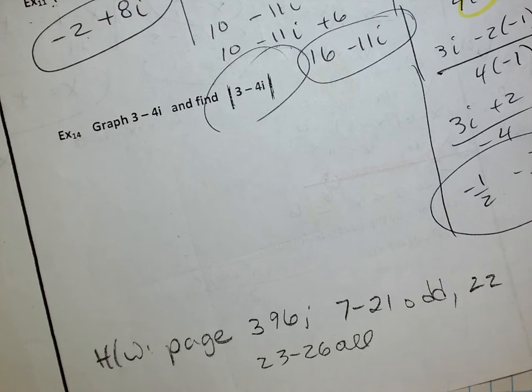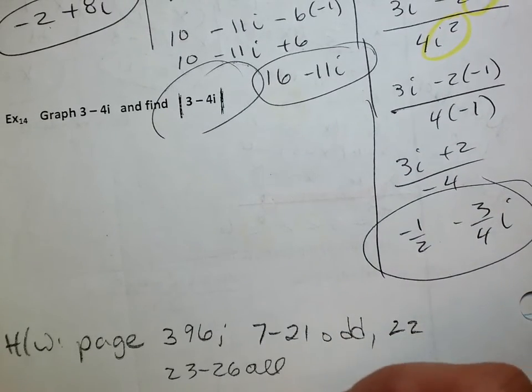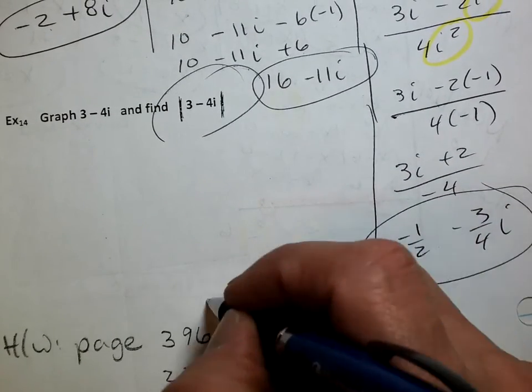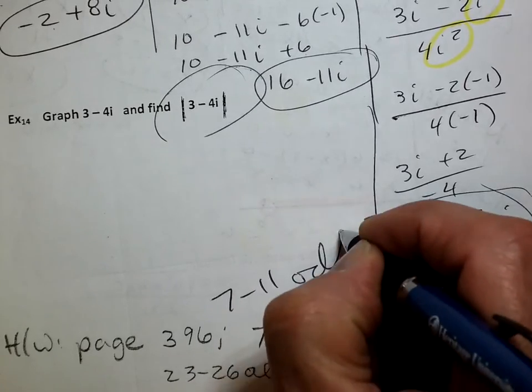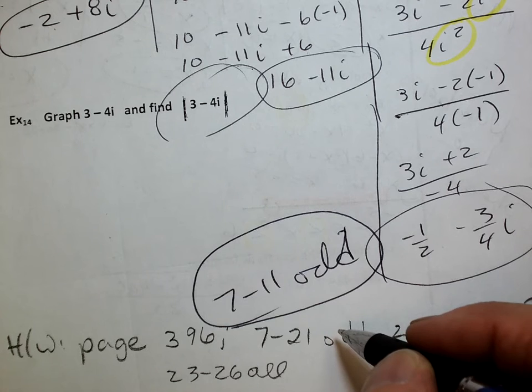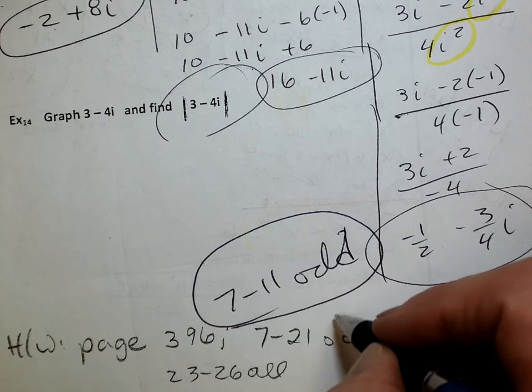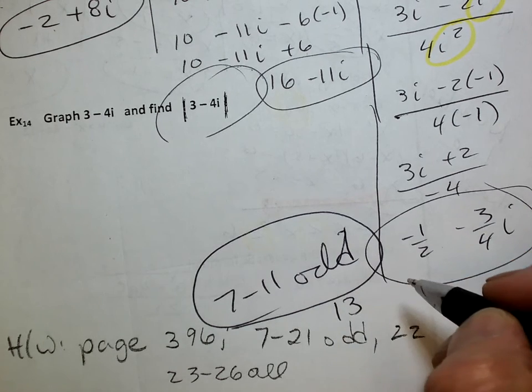Okay, let's do this. 7 to 11 odd. You guys write this down. 7 to 11 odd. It would be good to do 13 also.